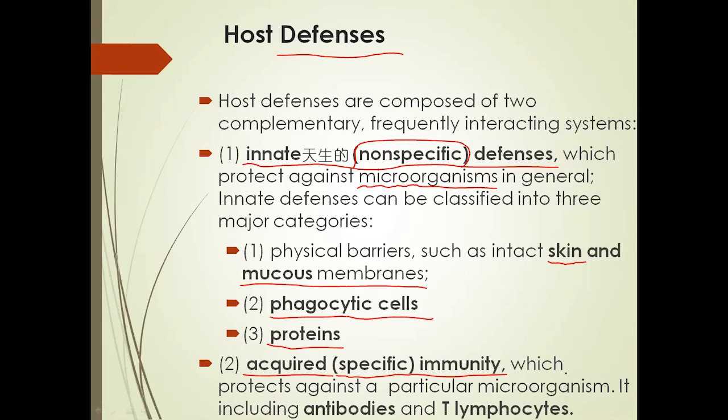These functions usually work against a special kind of microorganism, like a particular bacterial infection or a particular virus infection. This part includes antibodies and some lymph cells. We will talk about the details later. We just want some basic idea here.